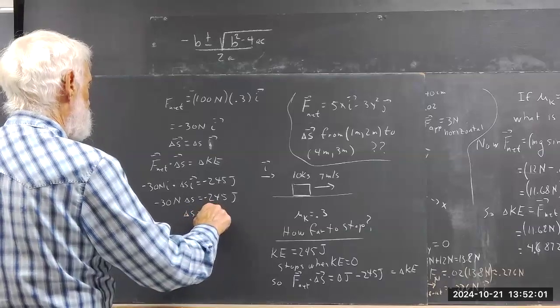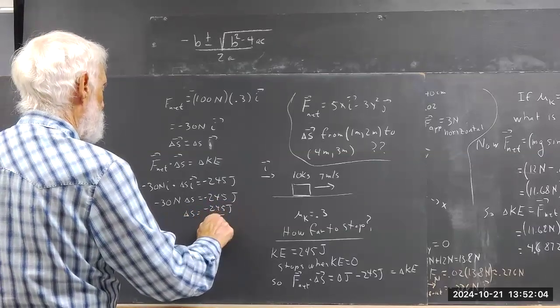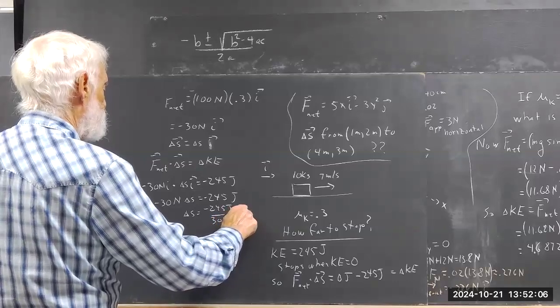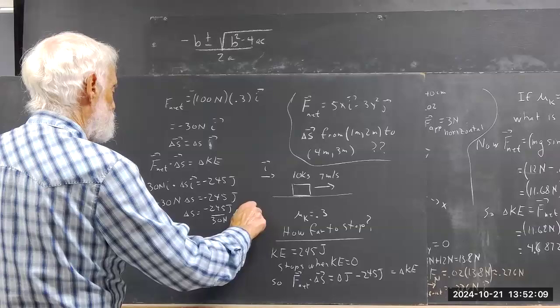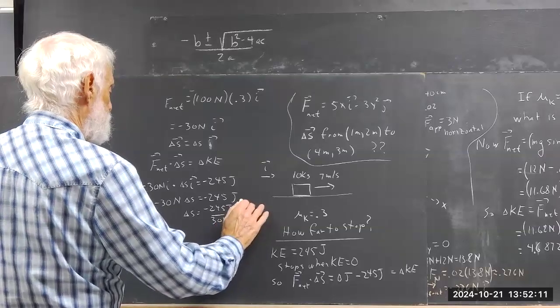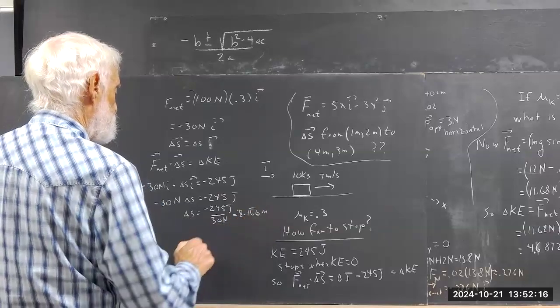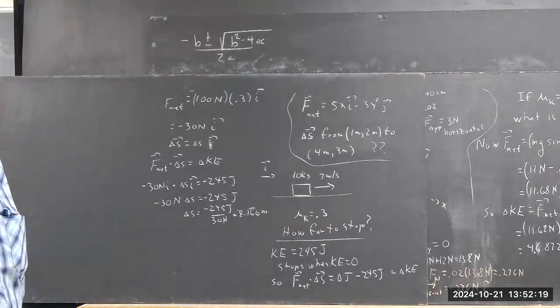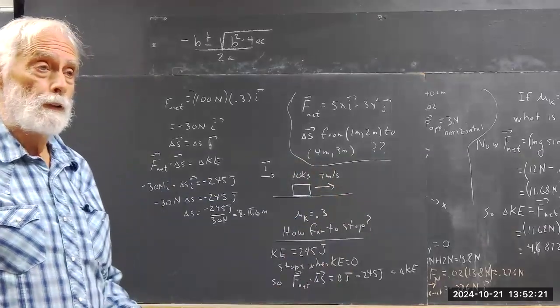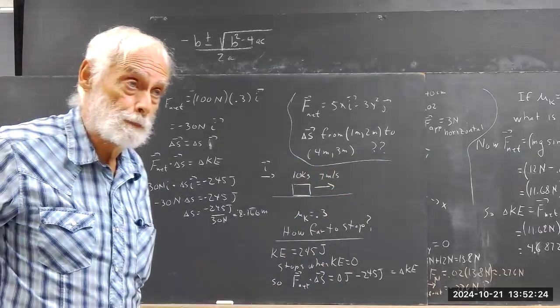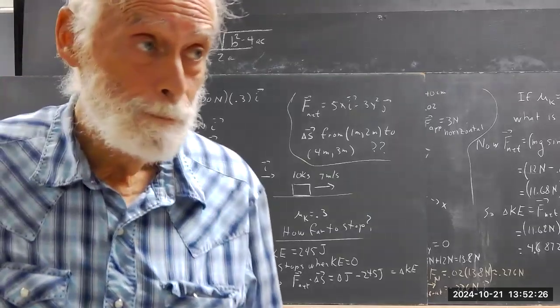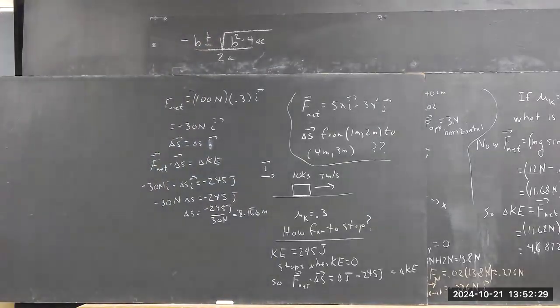Delta S equals negative 245 joules over negative 30 newtons equals 8.1666 repeating meters. And we never have to get our hands dirty with vf squared equals vi squared plus 2a delta S. Okay. So digest that. According to this, we're early, according to that, we're a minute late. Close enough.